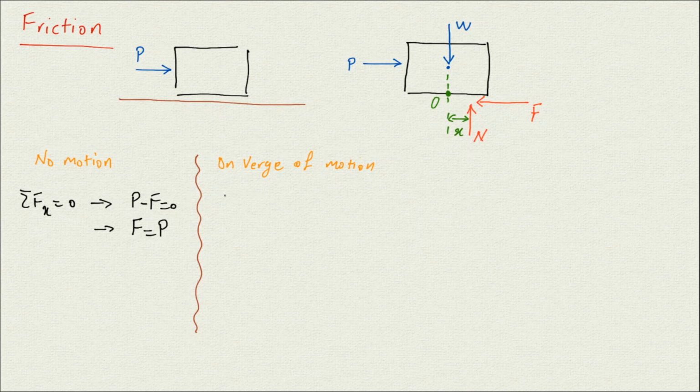F becomes maximum, and generally it is shown by Fs, and it's going to be mu s times N, where mu s is the friction factor.